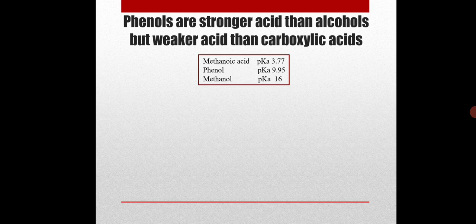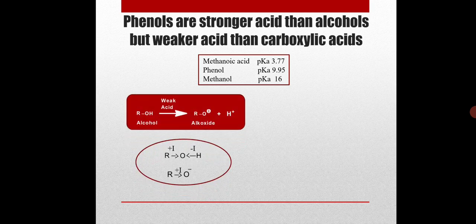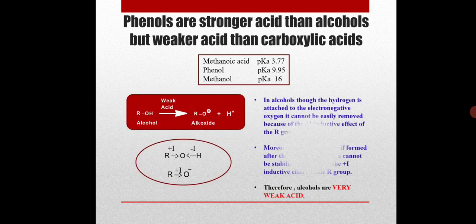So, why are alcohols the least acidic? In alcohol, though the hydrogen is attached to an electronegative oxygen, it cannot be easily removed because of the +I inductive effect of the R group.